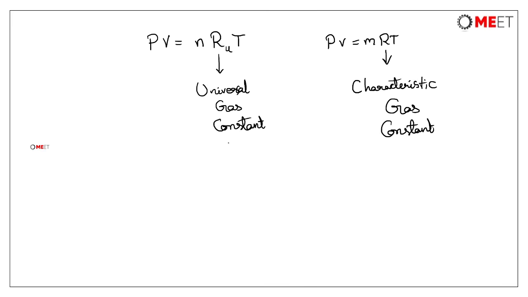Universal gas constant value is a standard value. It is taken as 8.314 joule per mole Kelvin, or you can consider this as 8.314 kilojoule per kilomole Kelvin. Both are same.